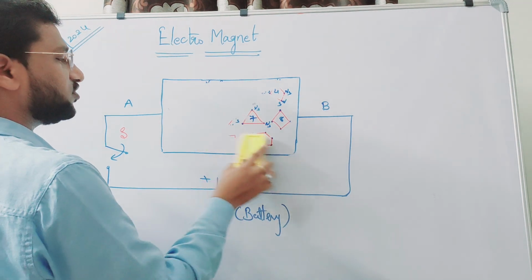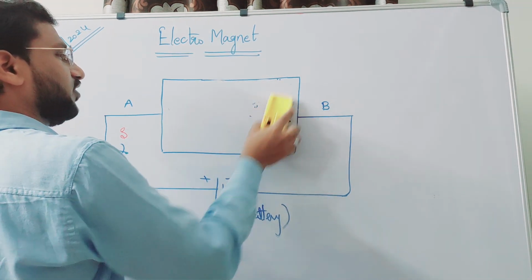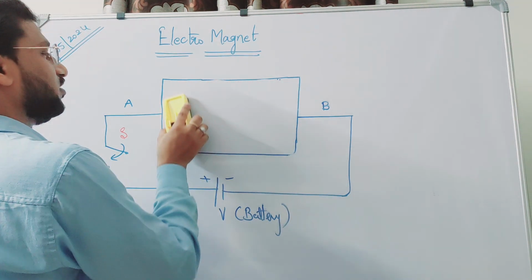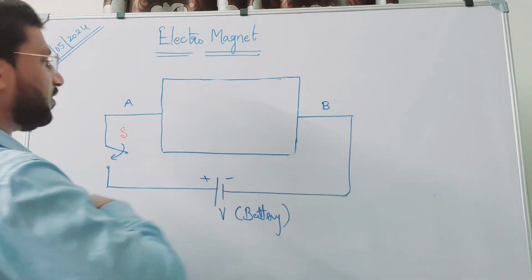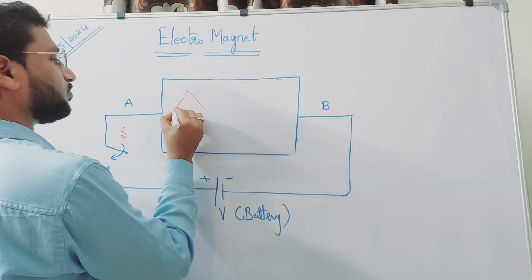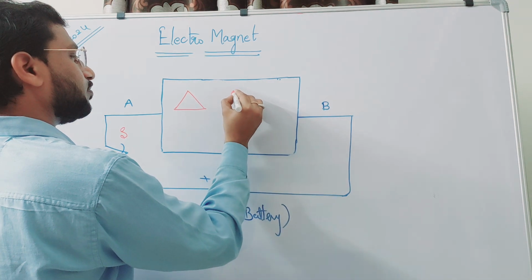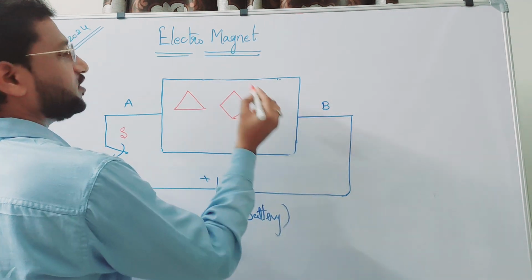I'll take only 2, 2, 3 for your easy understanding, so don't mind that I'm rubbing it out, because if I show every corner's indexing it becomes clumsy.